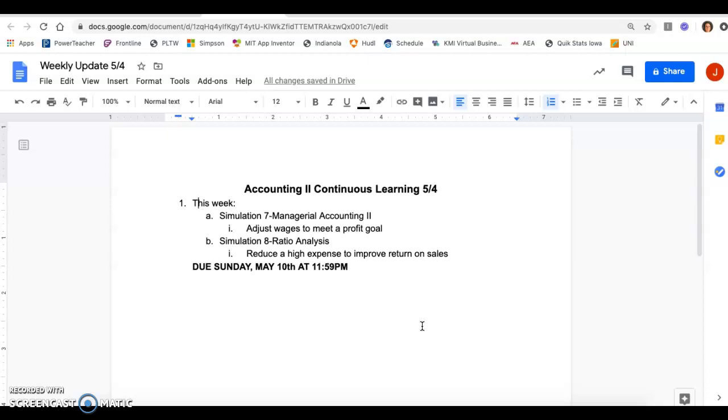And that is where you're not doing those day-to-day number crunching, debits and credits that we've learned. You're going in and looking at what a company is doing, looking at the numbers and analyzing those and helping them make decisions. So this week, you're going to be looking at a company that's in a big city, lots of potential, but they're just not making as much money as you think that they should be.